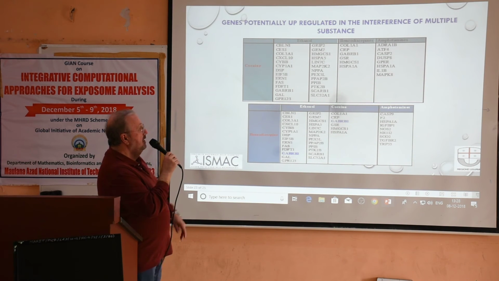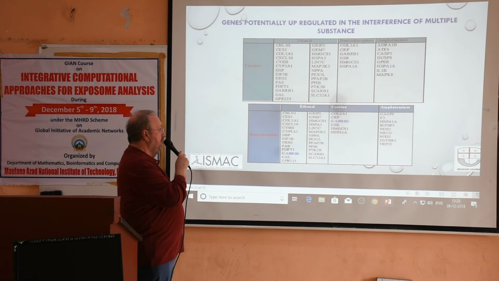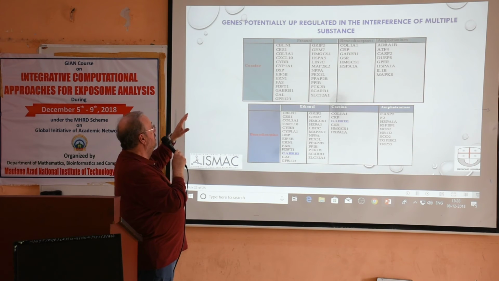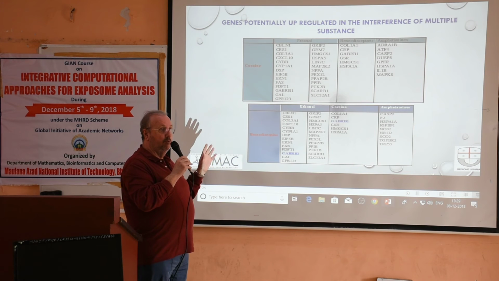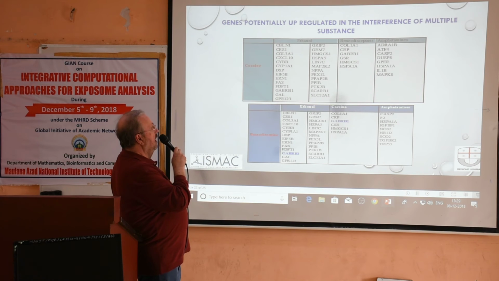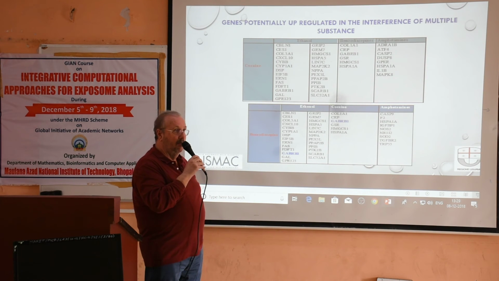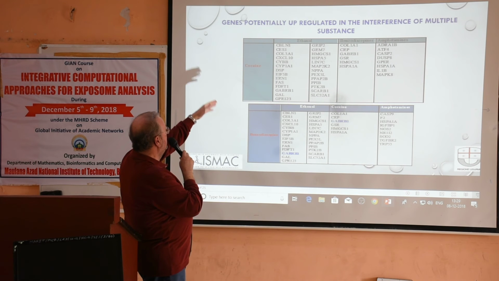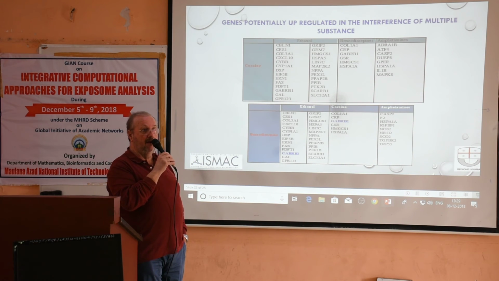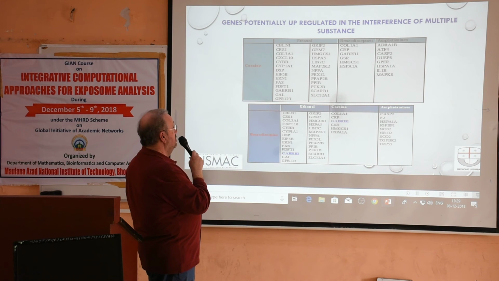Okay, mining the databases, we have correlated the number of genes. This is the intersection set between the genes altered by cocaine and the genes altered by ethanol. This list shows how many metabolic pathways are altered by a combination of genes.